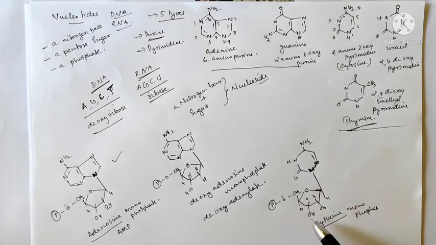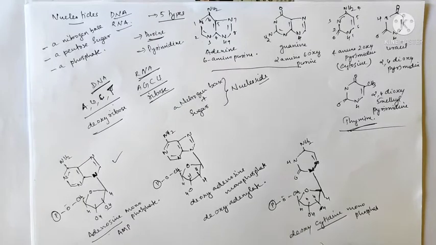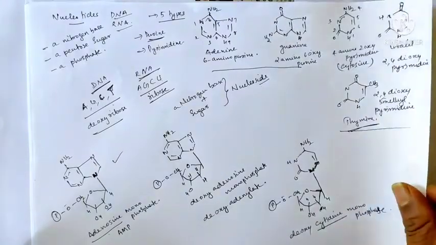Here, if this oxygen is eliminated, then it becomes deoxycytidine monophosphate. This is about the structure of nucleotides.